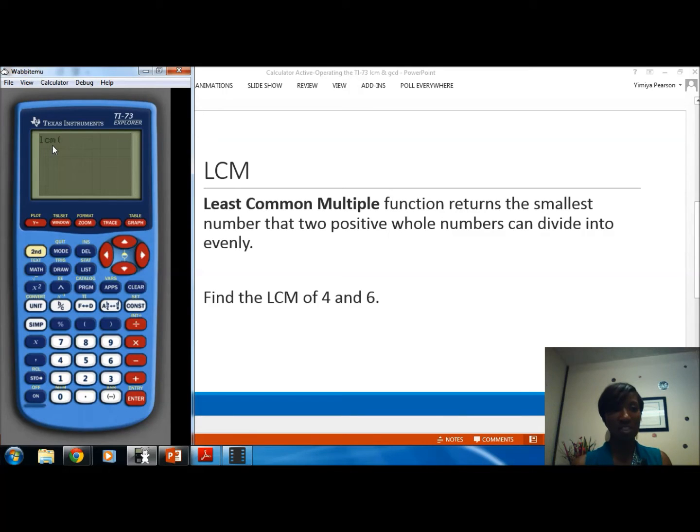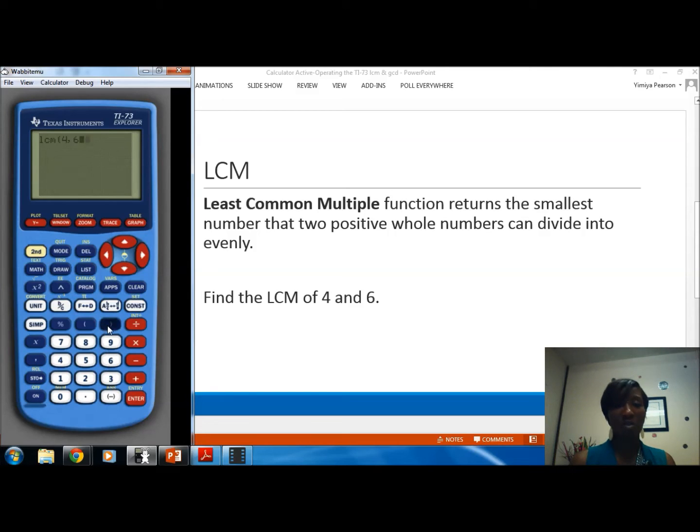The parentheses means go ahead and start placing the numbers that you want the calculator to find the LCM of. The only thing you have to remember when placing numbers in here is that you have to separate those numbers using the comma. And the comma is to the left of the number 4. So I'm going to type 4, comma, 6.